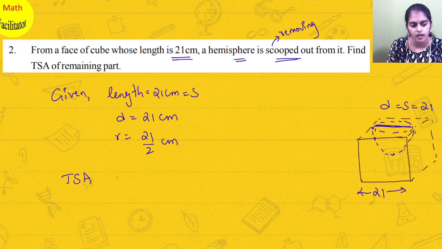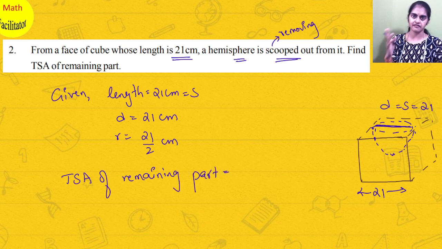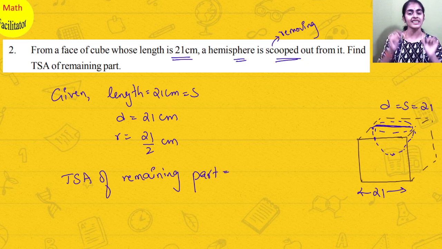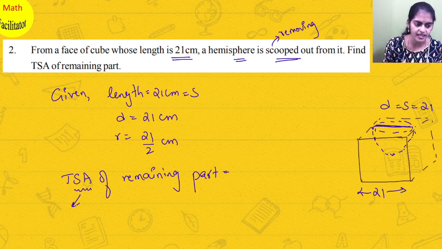Always remember what is the meaning of TSA. TSA, total surface area. Total surface area means you have to consider top and bottom part also. Lateral means you will consider only the sides. Total means you will consider top and bottom also. Now you have to find the total surface area. What do you understand by the word surface area?